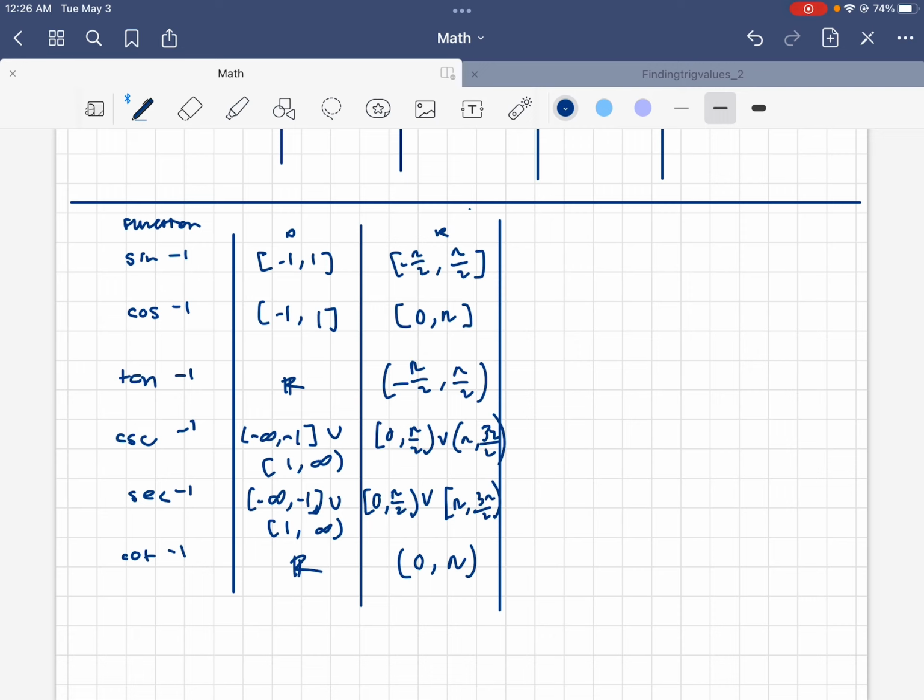So basically these are the inverse functions, and they look the same as the parent function, or the original function, but reflected over the line y equals x.